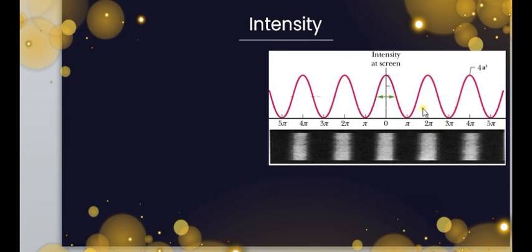If you try to plot the maximum and minimum intensity, the maximum intensity you can write as a1 square plus a2 square plus 2a1 a2 cos phi, and we take cos phi as 1 for maximum, so here you will write (a1 plus a2) square.